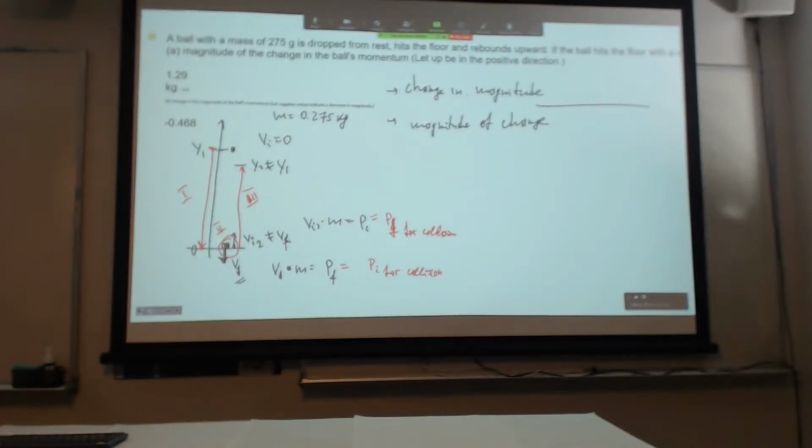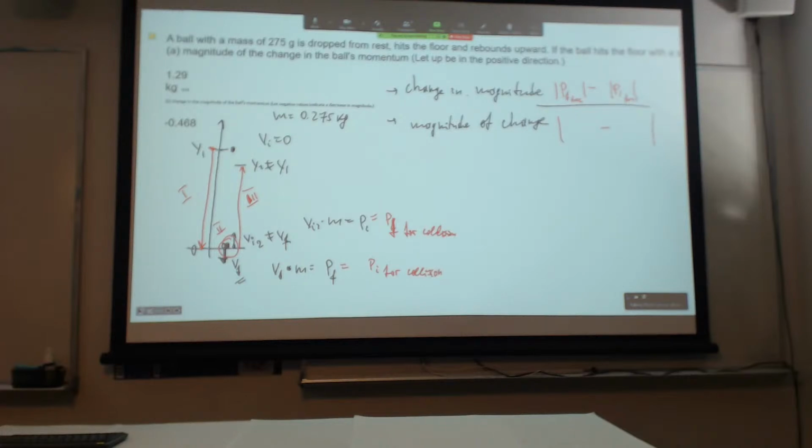What do you need to calculate? Well, if you need to calculate change in the magnitude, what does it mean? It means magnitude final minus magnitude initial. That's what change is. Final for collision minus initial for collision. Well, what is magnitude of change? Well, that's the magnitude of change.